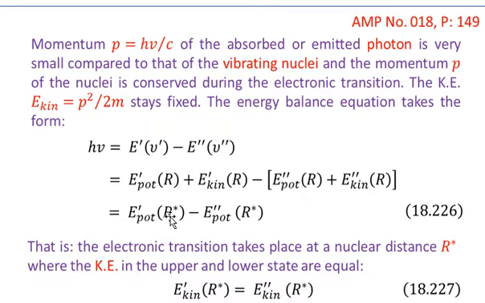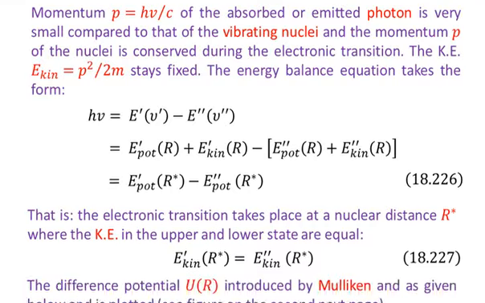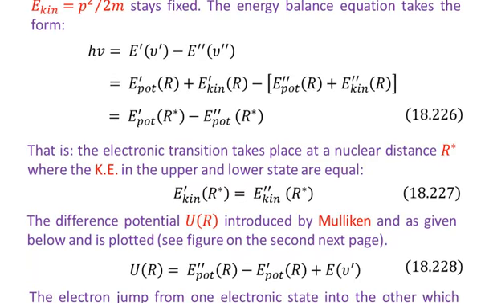So when the kinetic energies become equal, the kinetic energy part is cancelled out from this equation, that is, from equation number 226, and the energy of the photon emitted during the process depends upon E prime potential as a function of R star minus E double prime potential as a function of R star.